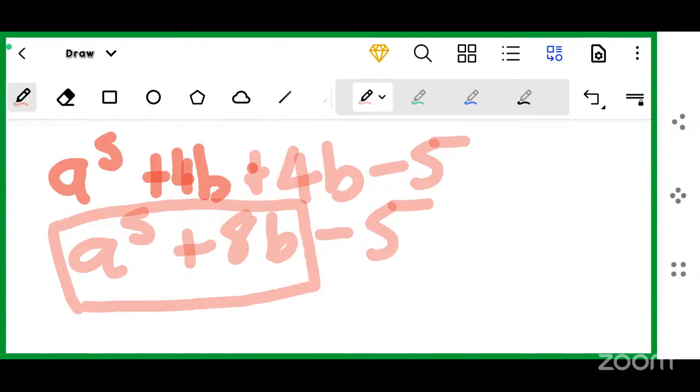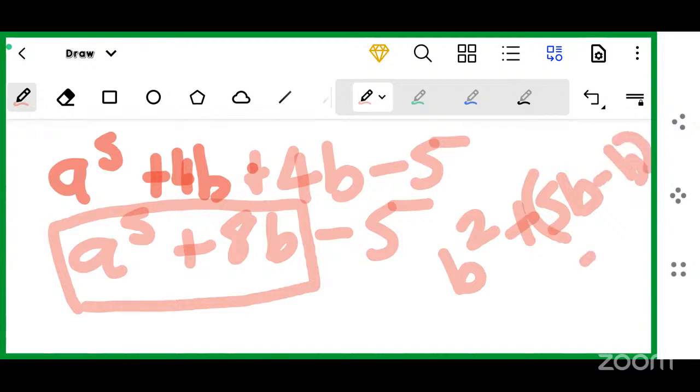My answer was b to the power 2 plus bracket 5b minus b, close the bracket, then minus 5. Okay, and the final answer? b to the power 2 plus 4b minus 5.